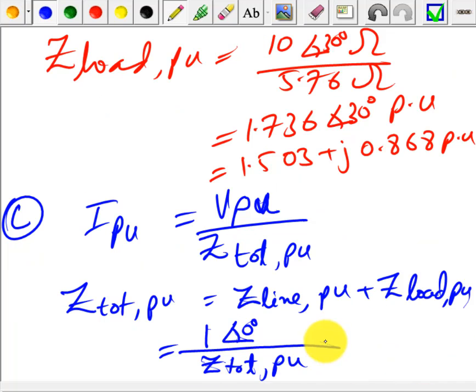So if you put these values here, we will get this number, 0.569 with the angle of minus 30.6 per unit.